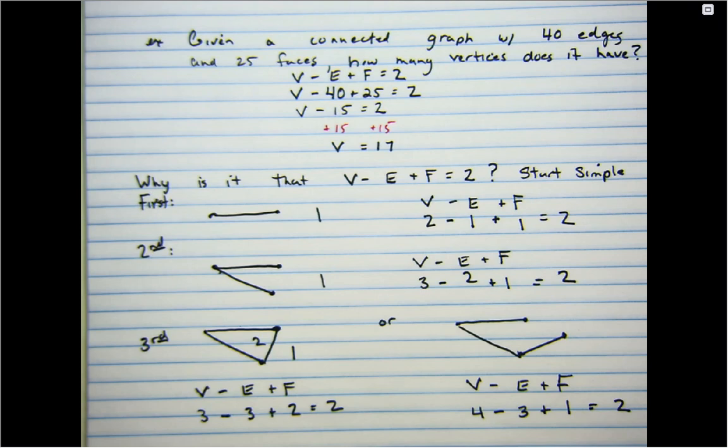So at some point, hopefully you can see why it's always 2. We add an edge and we make it more complicated, but we still come out to 2. Anybody seen that yet, why that is?